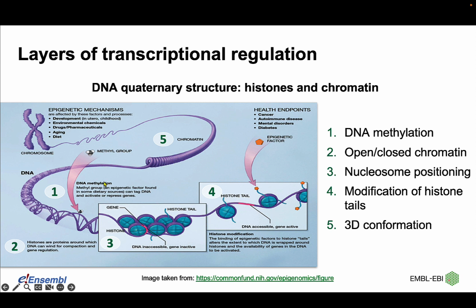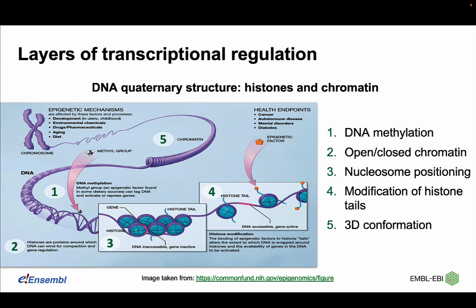And the DNA strand is twisted around 4 histone proteins. So that's what you're seeing here, making structures that are called nucleosomes. And regions of densely packed chromatin are associated with transcriptional deactivation because the DNA is less accessible to transcription enzymes.